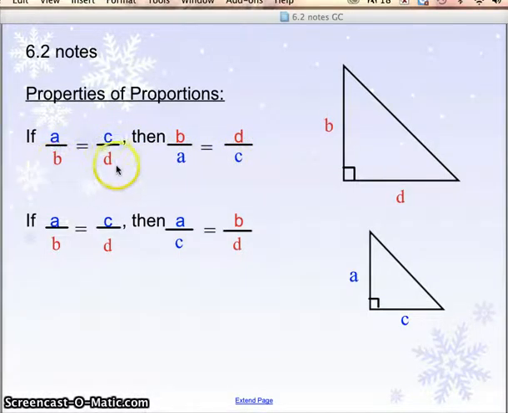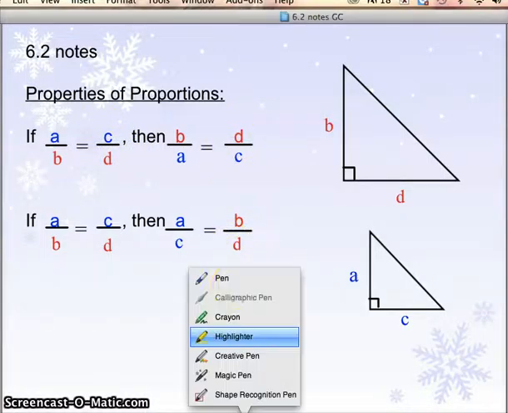And the reds are on the bottom and now the reds are on top? Well, all that's happened is that we've flip-flopped it. A was on top, B was on bottom. Now B's on top, A's on bottom. C was on top, D was on the bottom. Now D is on the top, C is on the bottom. So each fraction flipped. Flip this fraction and you have B over A. Flip this fraction and you have D over C.